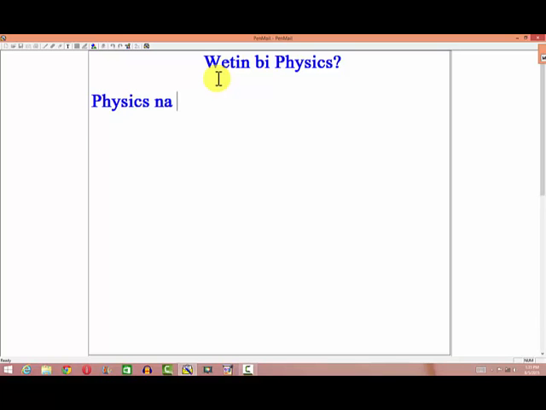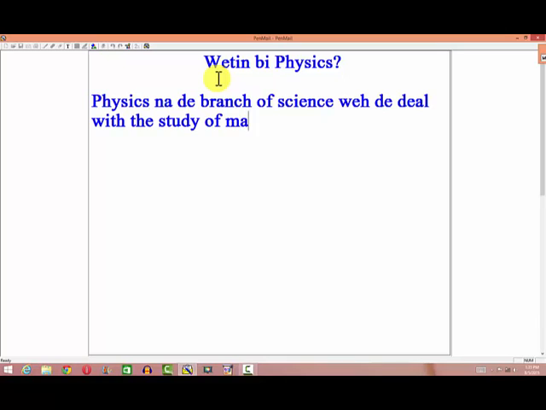Physics na the branch of science where they deal with the study of matter in relation to energy.